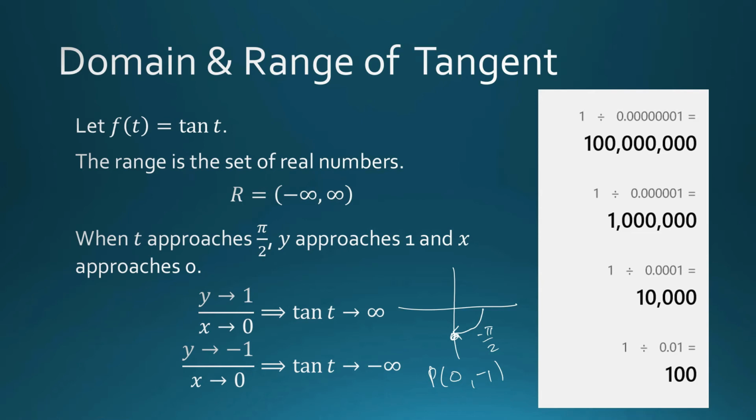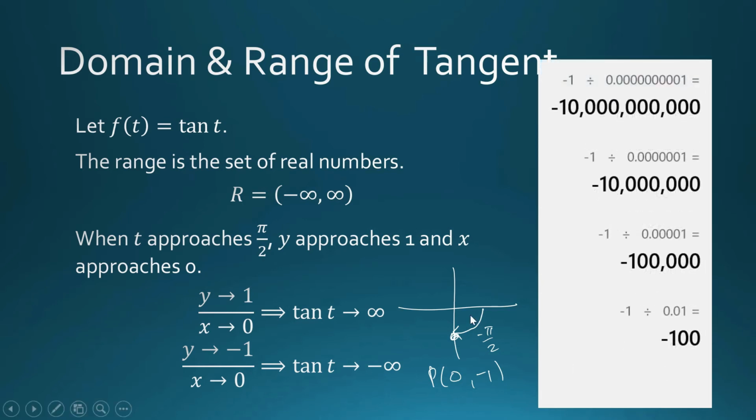But what happens when y is at -1, but x approaches 0? Let's begin at the bottom. -1 divided by 0.01 is -100. Negative 1 divided by 0.00001 is negative 100,000. And you can see the trend.